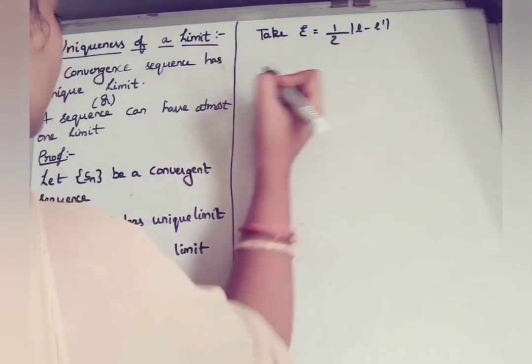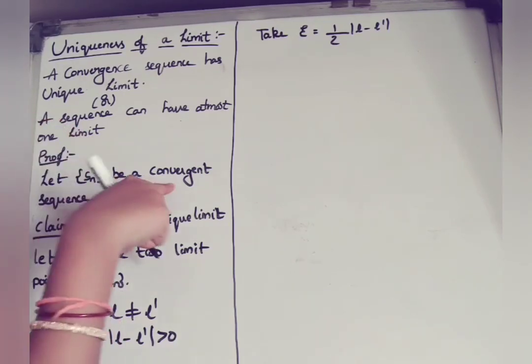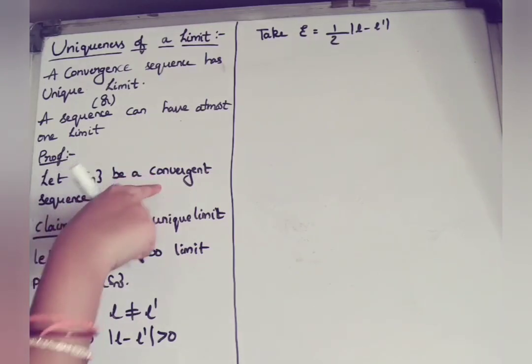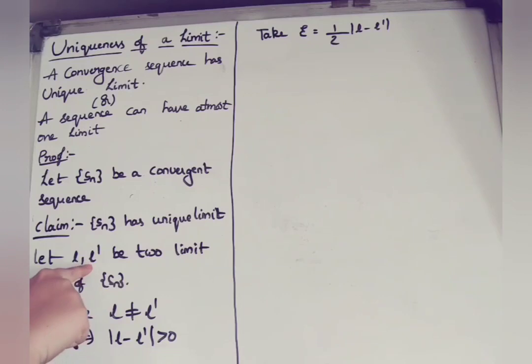Next I am considering, since L and L dash are two limit points of a sequence Sn. So L is a limit point of a convergent sequence Sn, and L dash is also a limit point of the convergent sequence Sn.